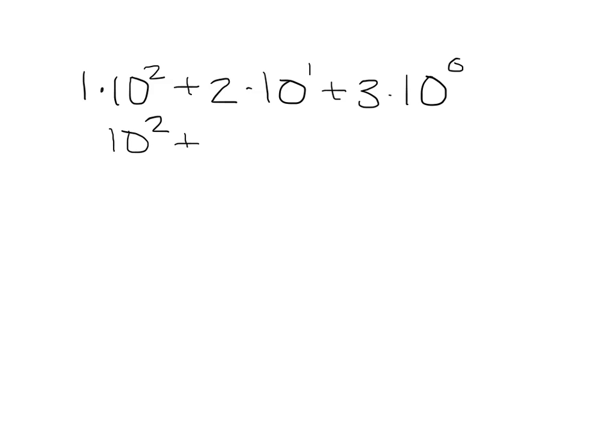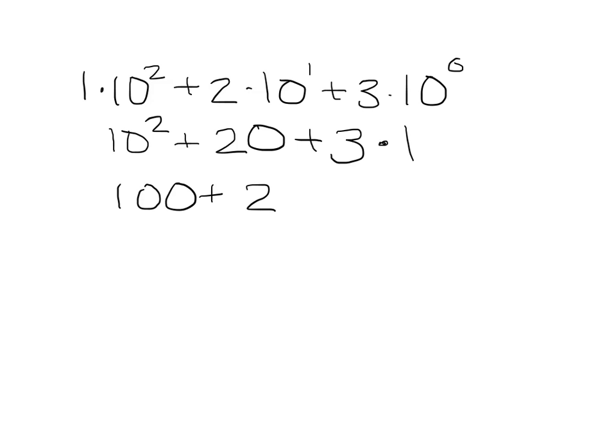Plus, if I have 2 times 10 to the 1st, I know 10 to the 1st is 10, so 2 times 10 gives me 20. And 3 times 10 to the 0, I know that anything raised to the 0 power is 1. So 10 to the 2nd is 100, plus 20, and then 3 times 1 gives me 3. So 100 plus 20 plus 3 equals 123.